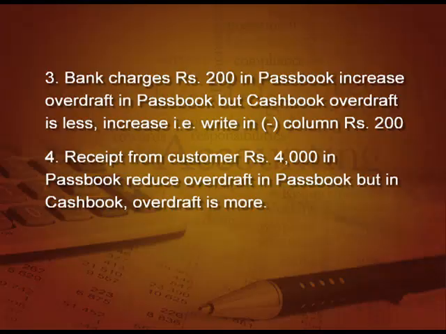Next, point number 4, receipt from a customer 4,000 in the passbook has reduced the overdraft in passbook only, but in cash book the overdraft is more. So, now you have to reduce in cash book, that is take it to the positive column.